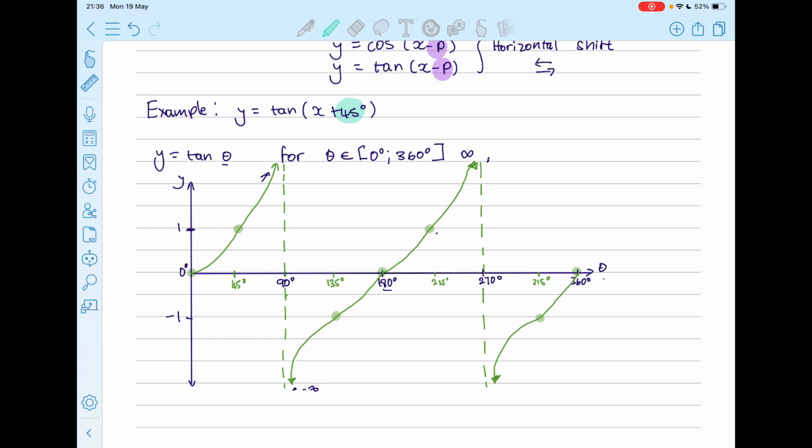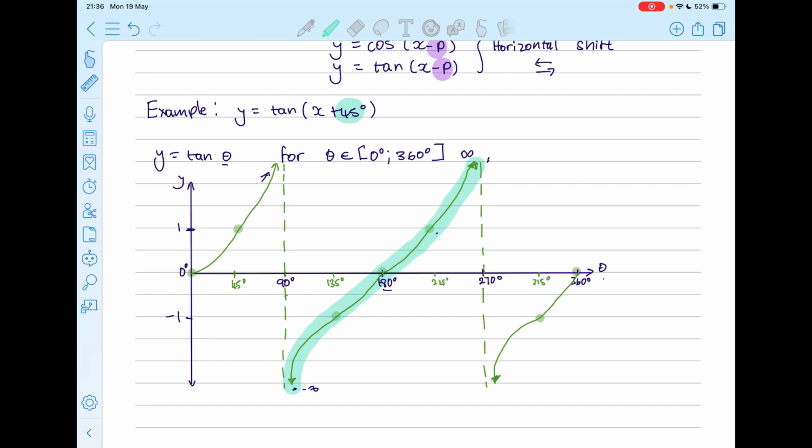And what you can see is that for you to get a complete tan wave, it takes you about 90 degrees. Sorry, not 90. I'm looking at this 90 over there. It takes you 180 degrees for you to get a complete tan wave.